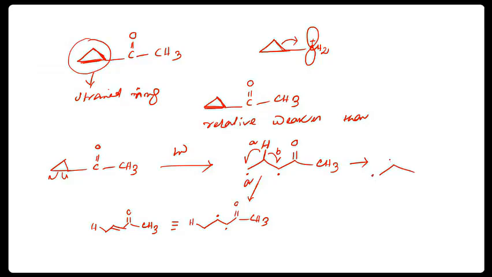This is a dot, this is a dot. Now the hydrogen has migrated here. We have the hydrogen atom, C double bond O, CH3. This is nothing but this molecule. So we will have these two products.